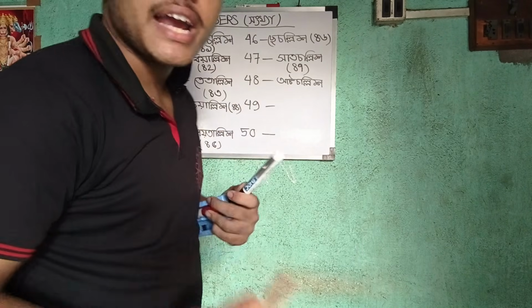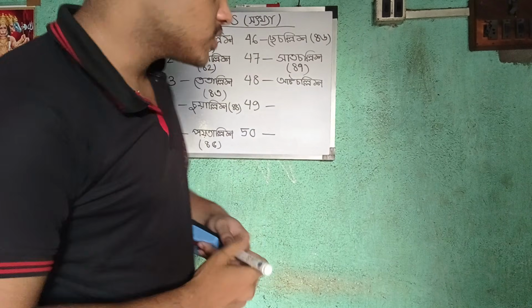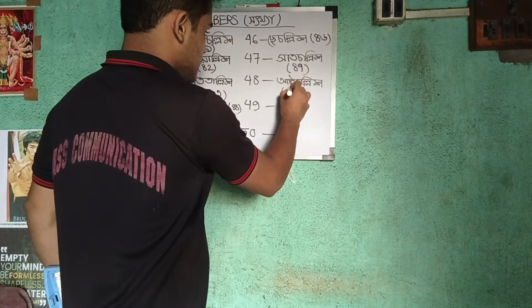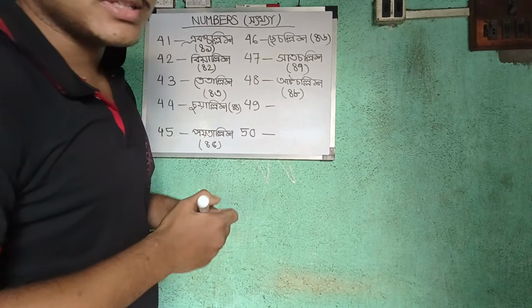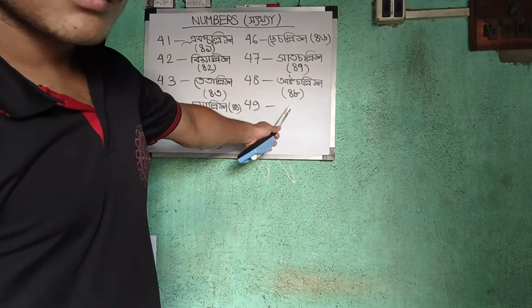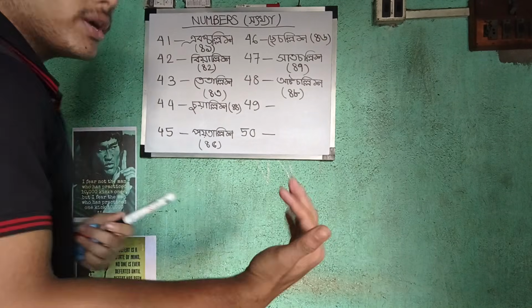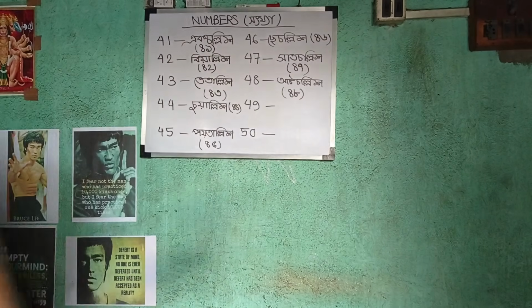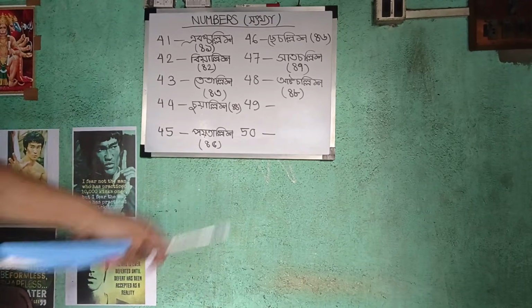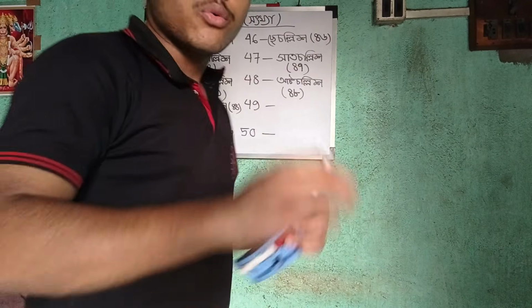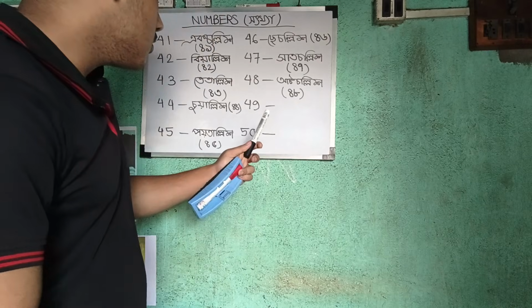And how can we write 48 or atchallish? This is 4 and this is 8. So this is atchallish. After 48 we have 49.